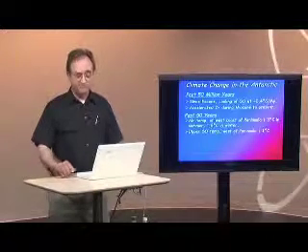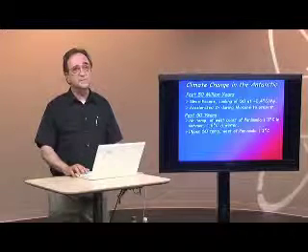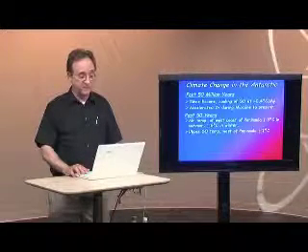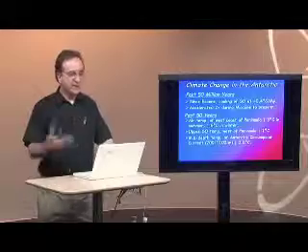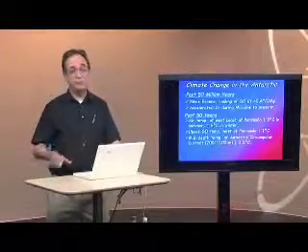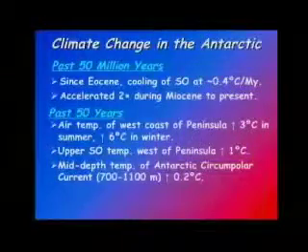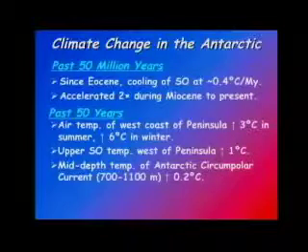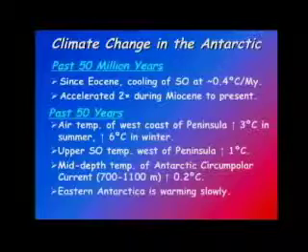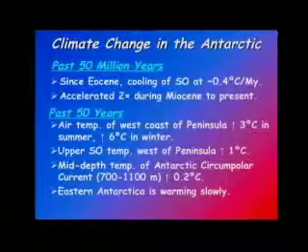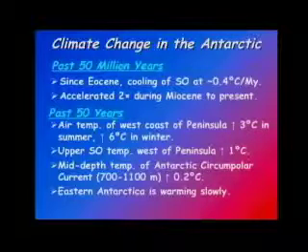And this will have important implications for the organisms that are living in the water. The mid-depth temperature, down around 1,000 meters or so, of the Antarctic circumpolar current has increased 0.2 degrees centigrade. And we also know that eastern Antarctica, the portion where McMurdo Station resides, is also starting to warm slowly.